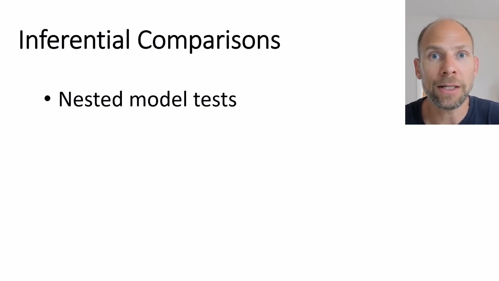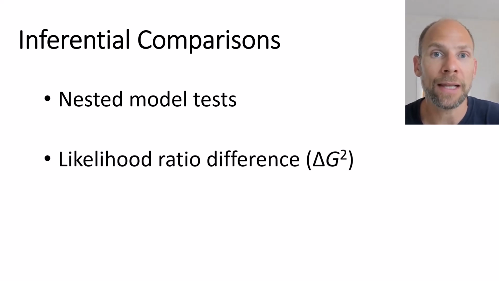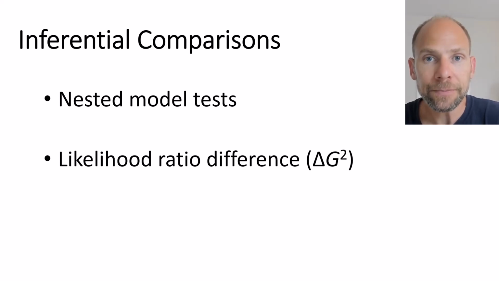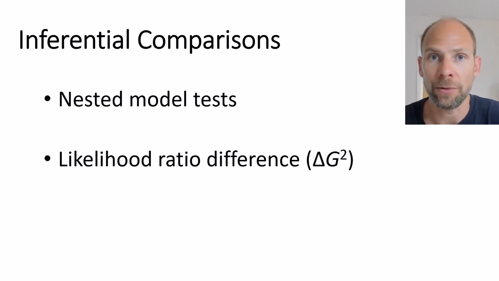And nested models can be compared using likelihood ratio difference tests, also known as chi-square difference tests, using the difference in the likelihood ratio chi-square values, or delta G squared. Now, of importance, you cannot do this with a Pearson statistic. So when you do these difference tests between models with different numbers of classes, they have to be based on the likelihood ratio statistic, not the Pearson statistic.